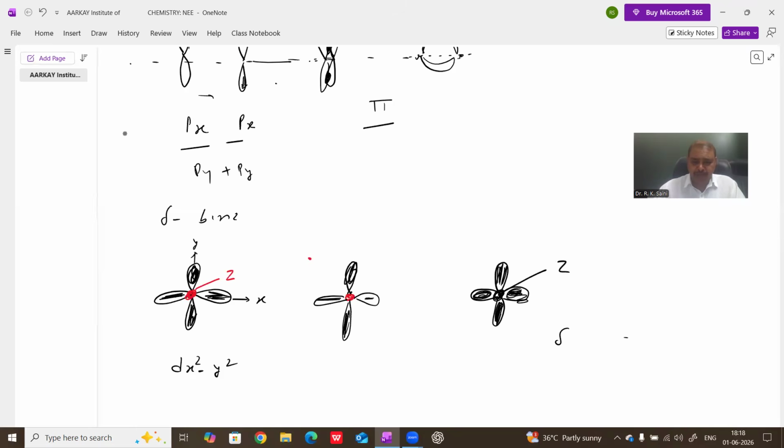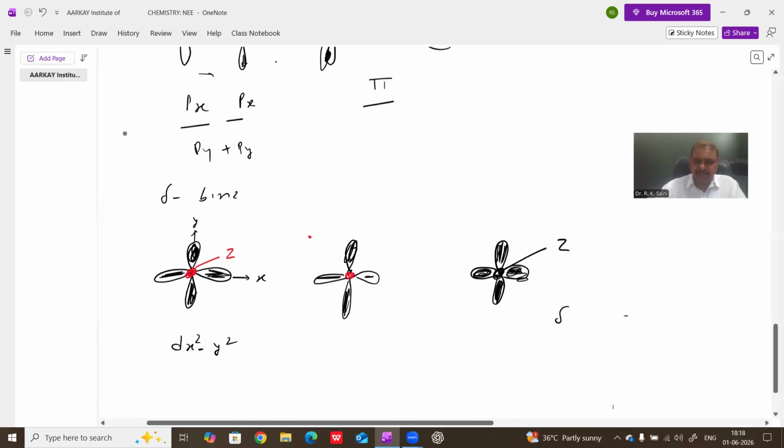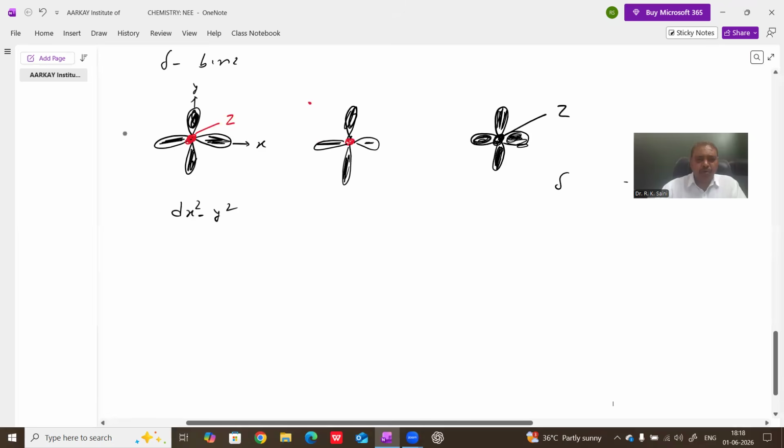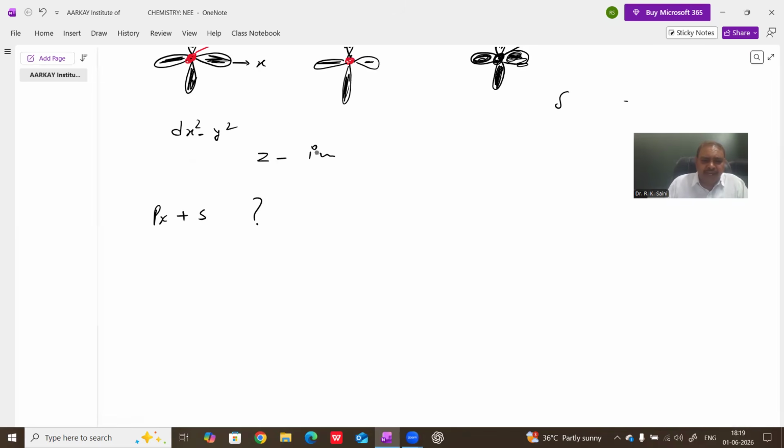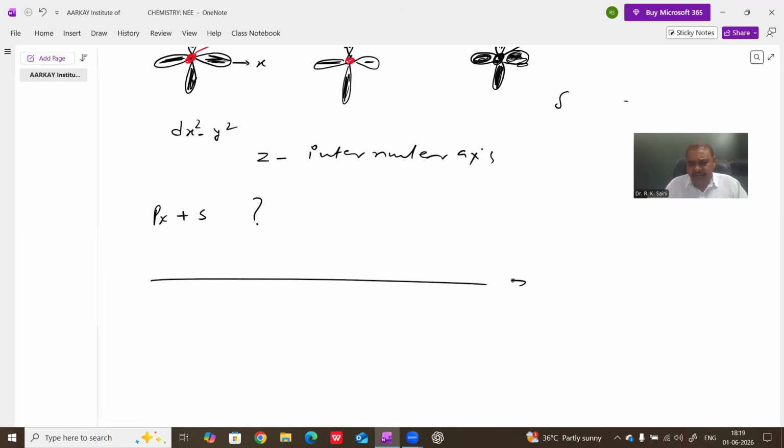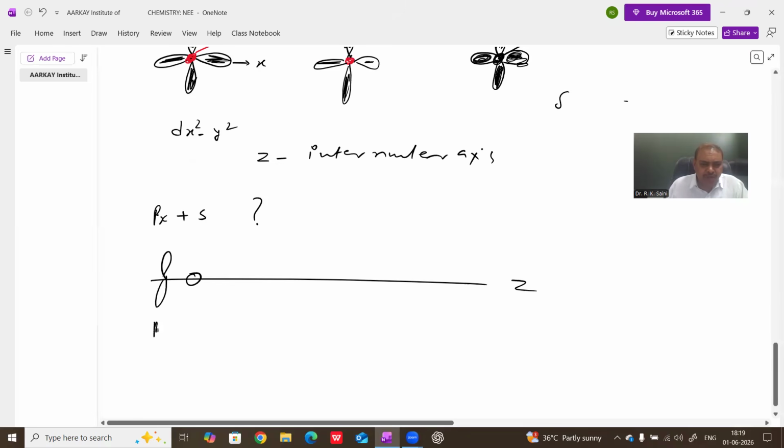Some other examples in which overlapping between orbitals takes place. For example, one is a px orbital and the other is an s orbital. Which type of bond is formed? Taking z as the internuclear axis, px is perpendicular to the z axis, and s is a non-directional orbital.